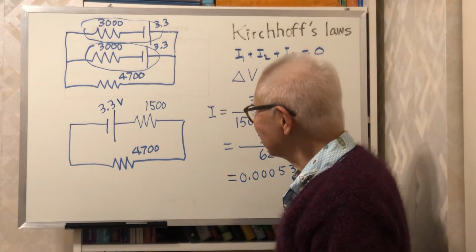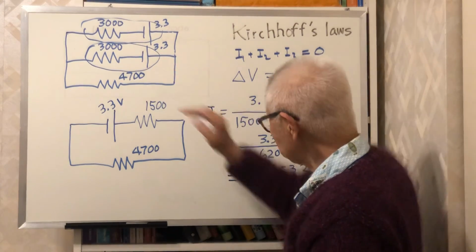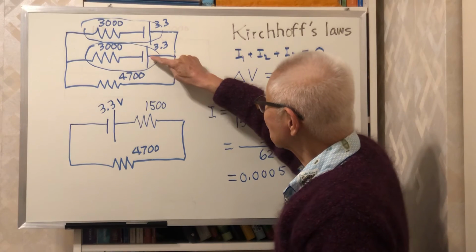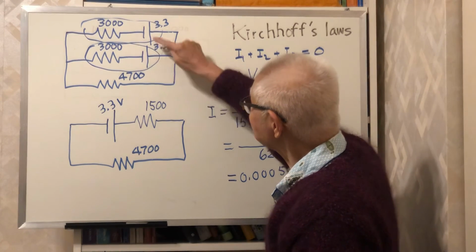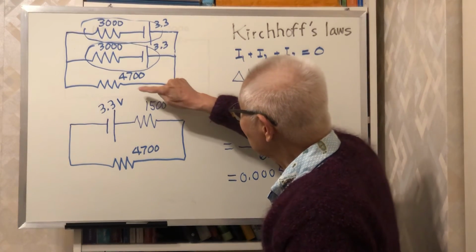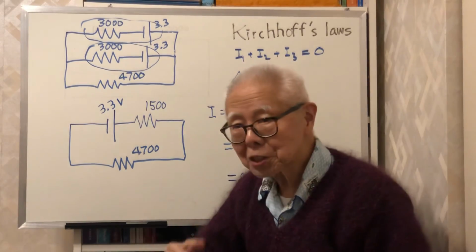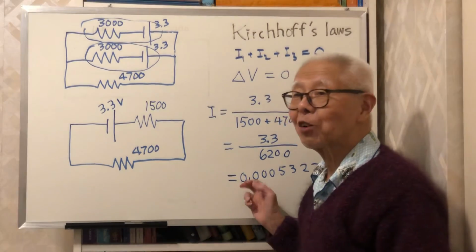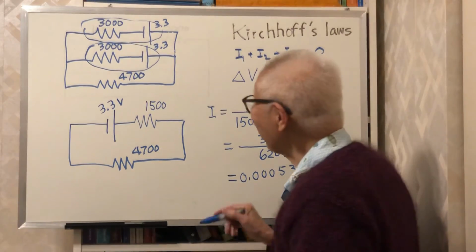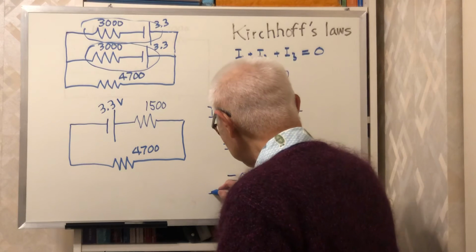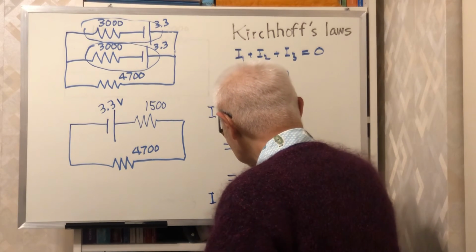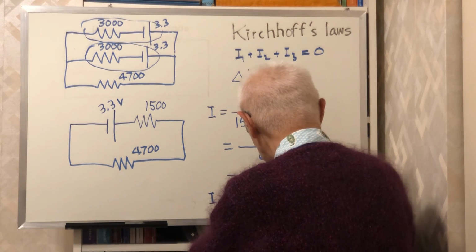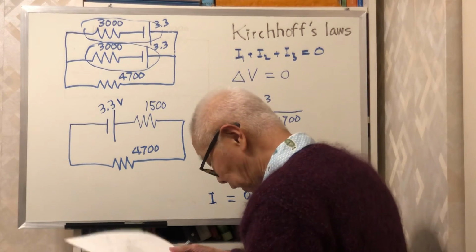Look, this current here is supplied by the two batteries. So how much current does each battery supply? Half of this. Therefore, the other current is just half of this. So take a calculator, divide by 2.